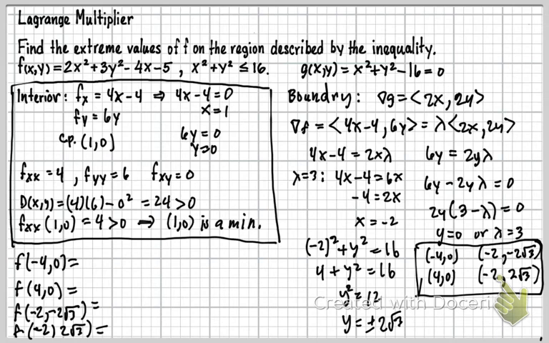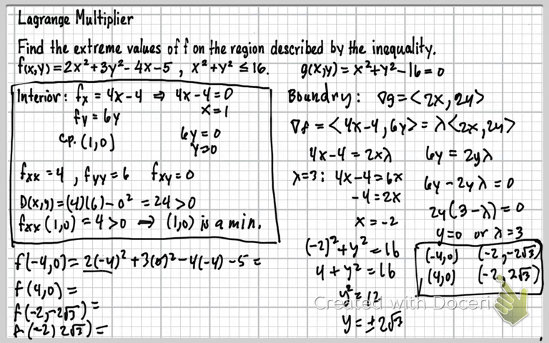So then for the first one, I get 2, negative 4 is my x, squared, plus 3, 0 squared for my y, minus 4 times negative 4, minus 5. And that's going to give me, negative times negative is positive 16.